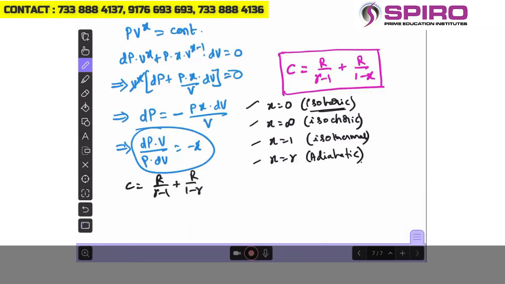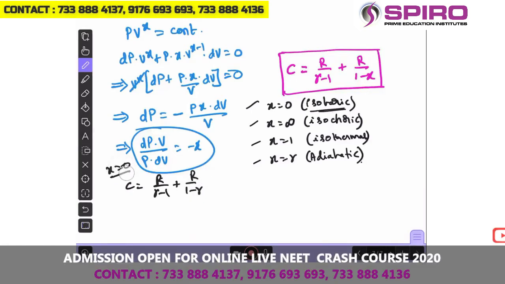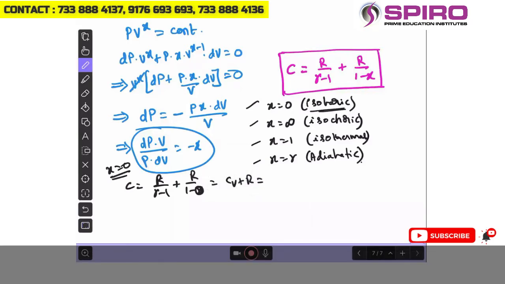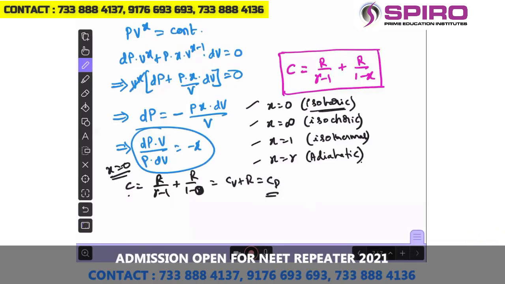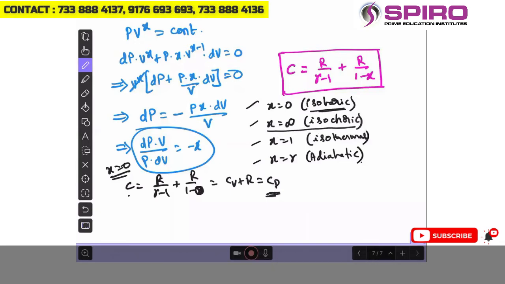I am keeping the x value 0 here, so it becomes plus R. So what is C now? C now is CV plus R. It is nothing but gamma, it is CP. Yes or no? So the specific heat for x equal to 0, the isobaric or constant pressure process, will be CP itself. And the same thing we can realize in the case of the isochoric process also.